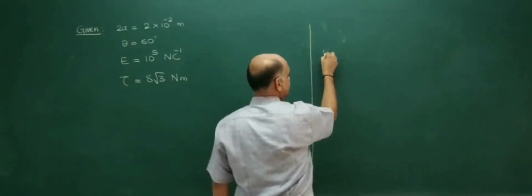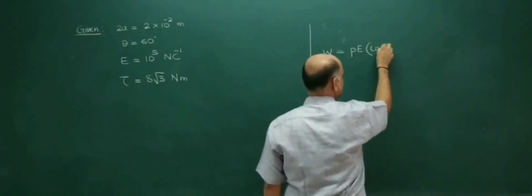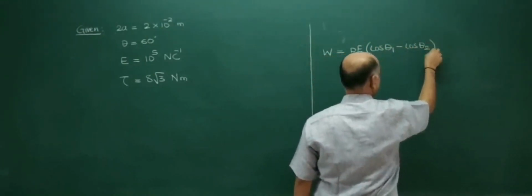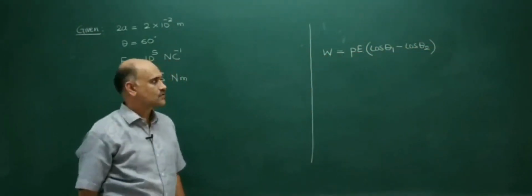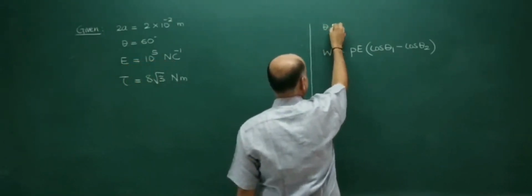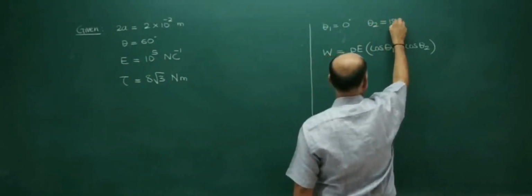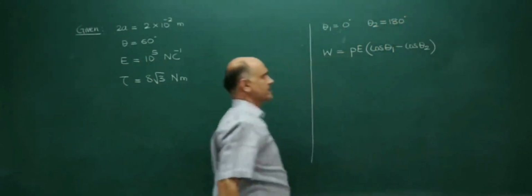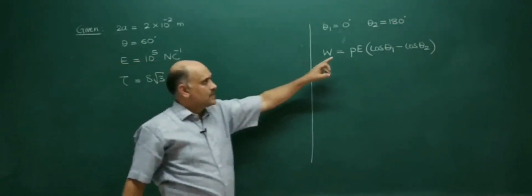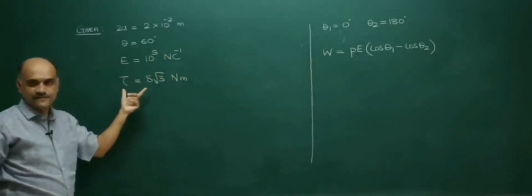So work done is given by pE (cos theta 1 minus cos theta 2). Here he has given theta 1 equal to 0 degrees, theta 2 equal to 180 degrees. You are required to find the work done. So to calculate the value of pE, he has given these values.